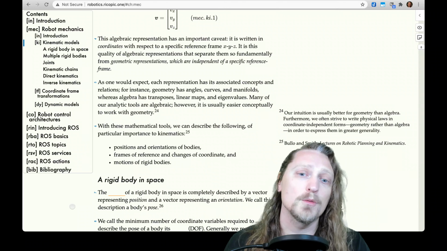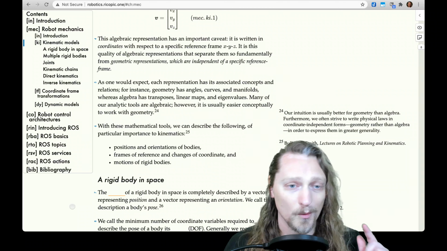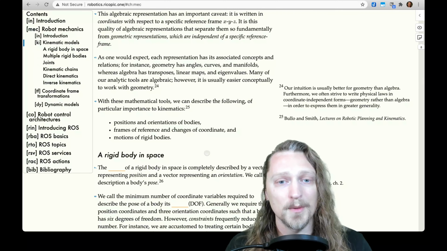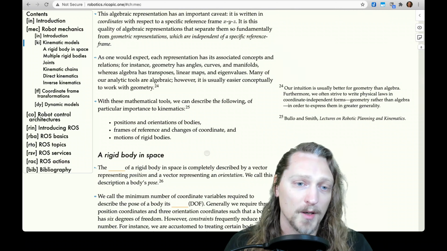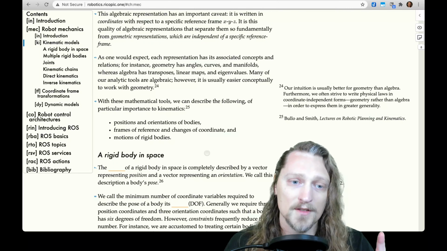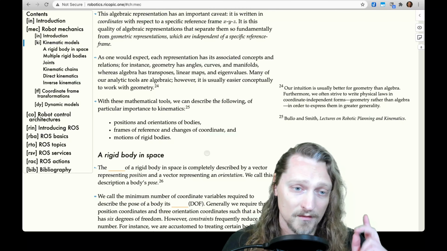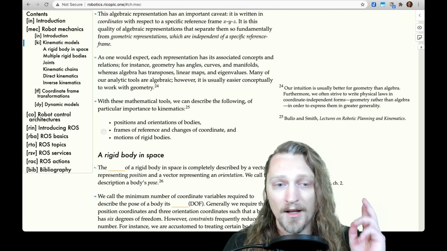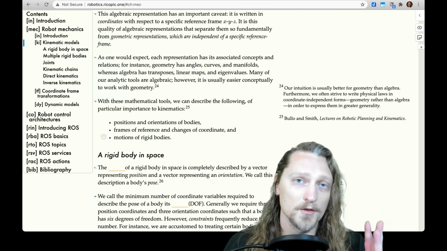However, it is usually easier conceptually to work with geometry. With these mathematical tools, we can describe the following of particular importance to kinematics: positions and orientations of bodies, frames of reference and changes of coordinate, and motions of rigid bodies.